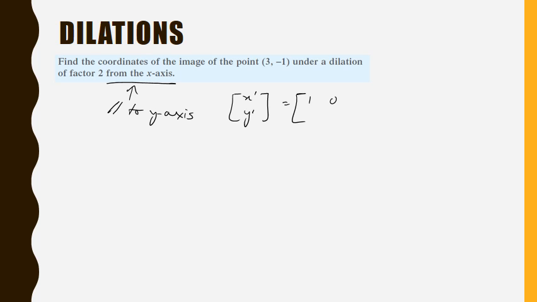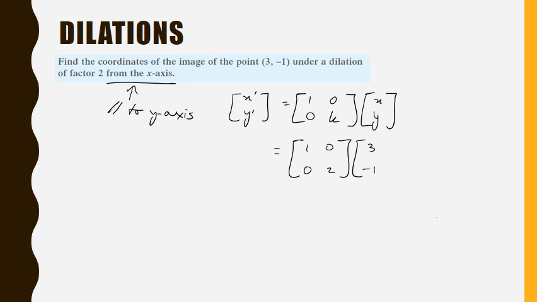So then it'll be [[1, 0], [0, k]], that number being the change. So we have 1, 0, 0, and our factor is 2, so we replace it with the 2. Then our x is 3, y is -1. Simply multiply it out, then we have (3, -2).